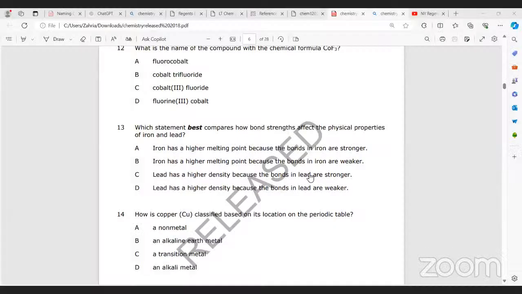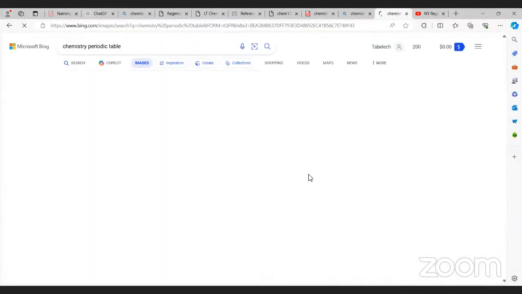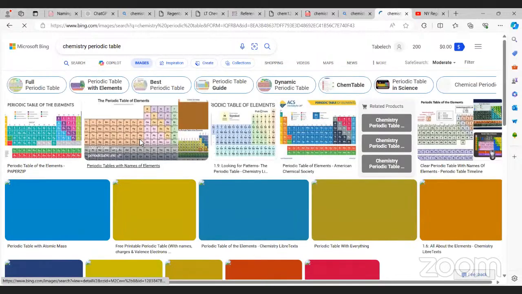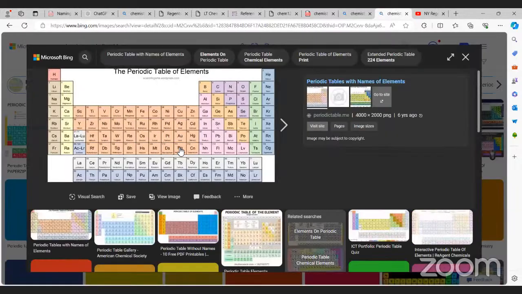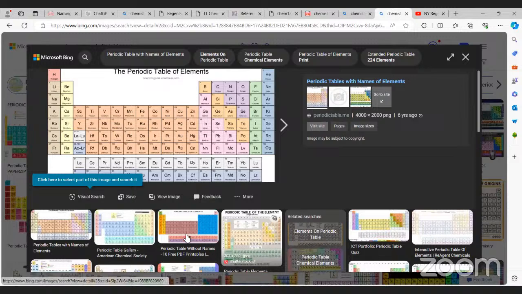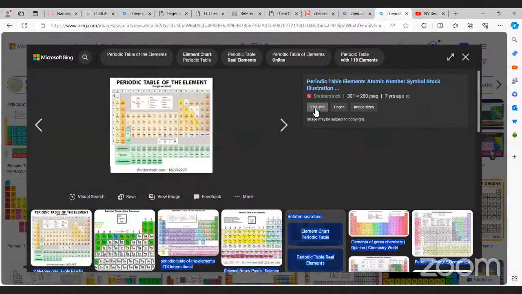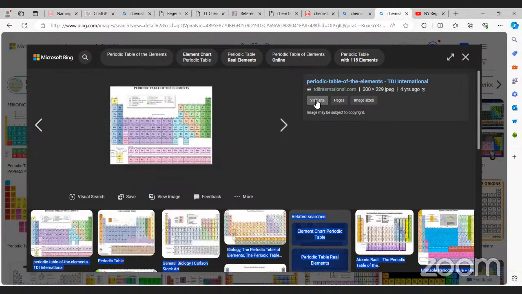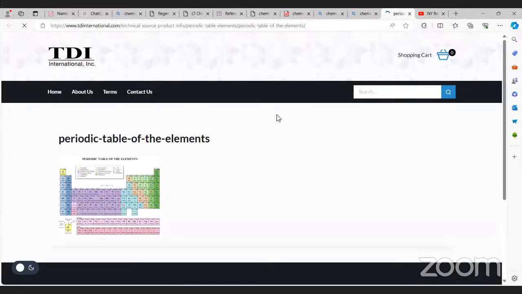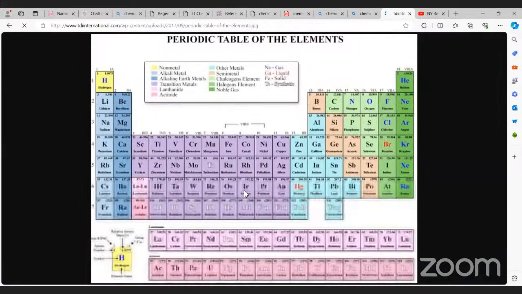I'm going to pull up a periodic table so you can see that. If we were to look at all the elements here on the periodic table, I'm trying to get a good one. And hopefully, there we go.